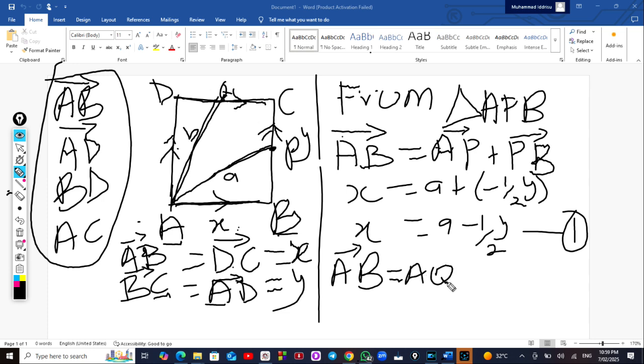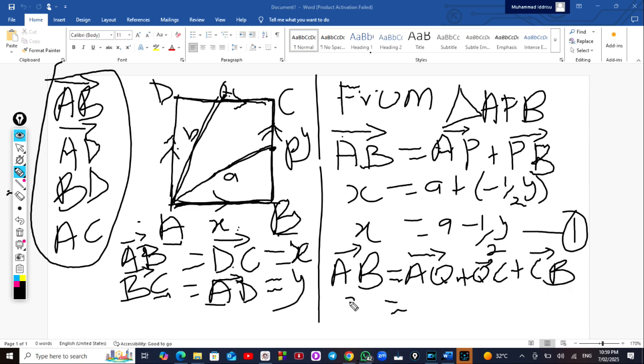This is a quadrilateral. So AB is equal to AQ plus QC plus CB.